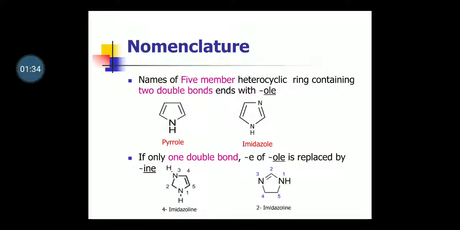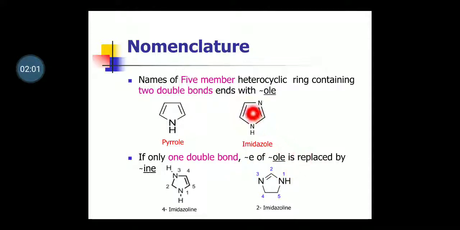Next, now actually it is a 2-imidazoline, because there are two nitrogen, one is saturated, the second one is unsaturated, means double bonded nitrogen. So in this case we have to start the numbering with a saturated nitrogen, and the next nitrogen will get the third position. So this will be the way of numbering, and the double bond lies between 2 and 3, so we'll take 2 as the position of double bond, so it becomes 2-imidazoline.